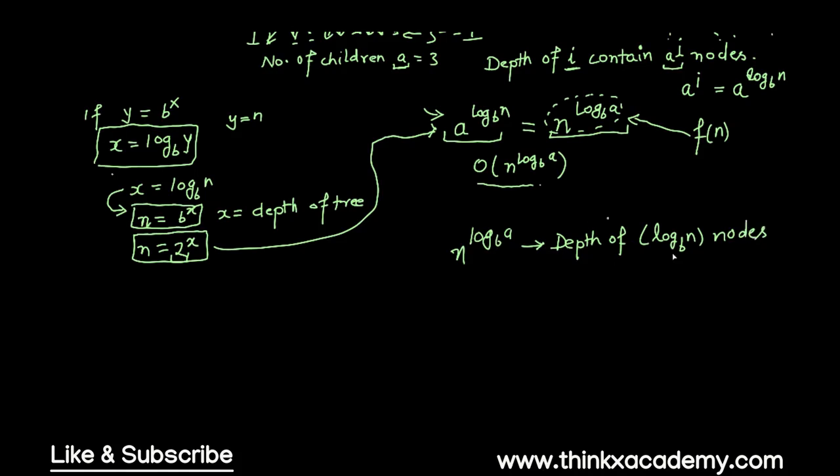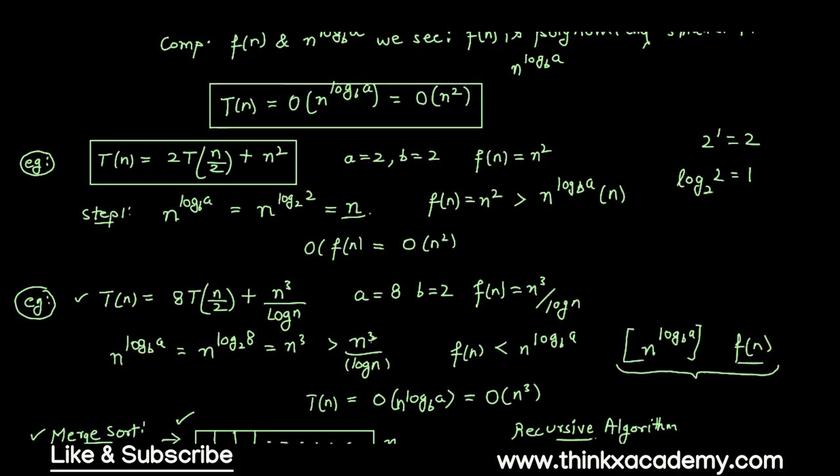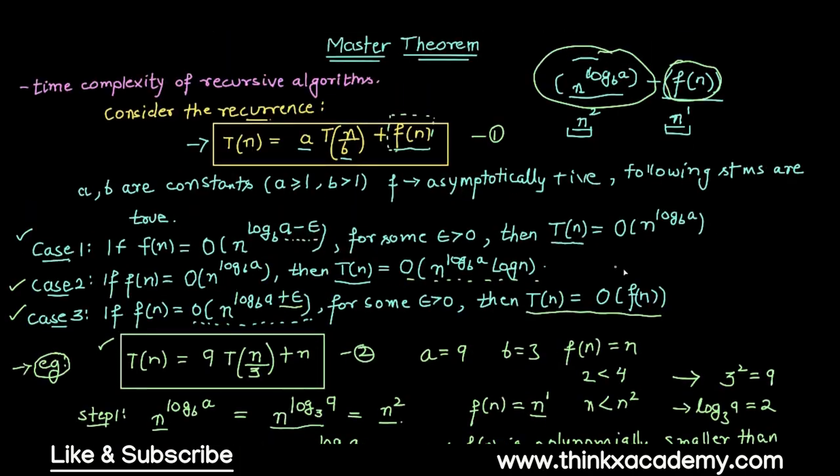The runtime of these number of nodes, we compare with some function which is asymptotically positive, and by comparing it we get these three cases. In this manner we have analyzed the master theorem, and we have used it in the merge sort algorithm, so you can now apply it in any further recursive algorithm. We will just analyze these cases.